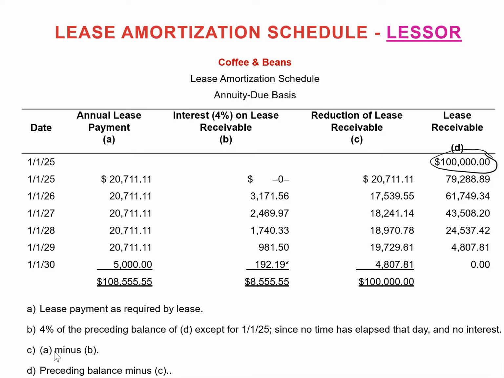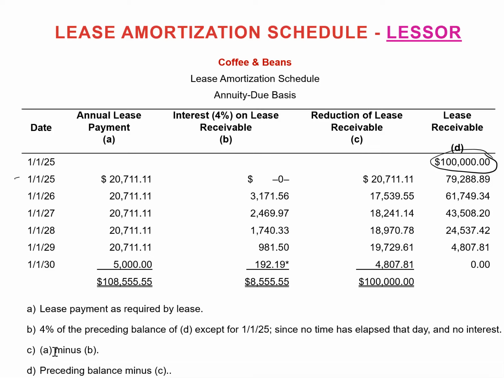So in our previous lessee's amortization schedule, the lease liability was $95,890. On the other hand, lessor included both the present value of the rental payment and the present value of the residual value. So this $100,000 is the lease receivable on lessor's amortization schedule, and the rest is the same.